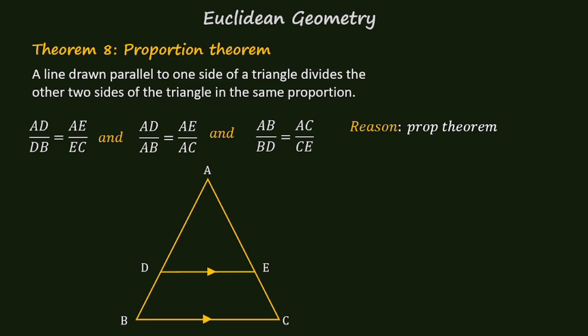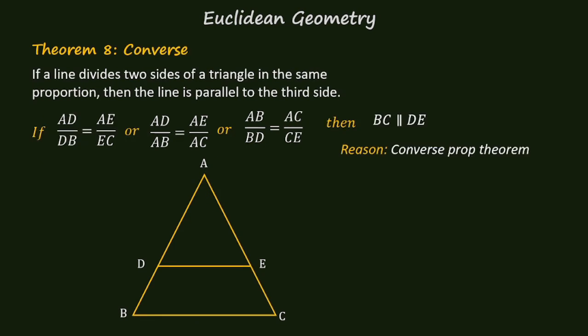Let's now look at the converse of this theorem. The converse of this theorem says, if a line divides two sides of a triangle in the same proportion, then the line is parallel to the third side. So this is the important part.